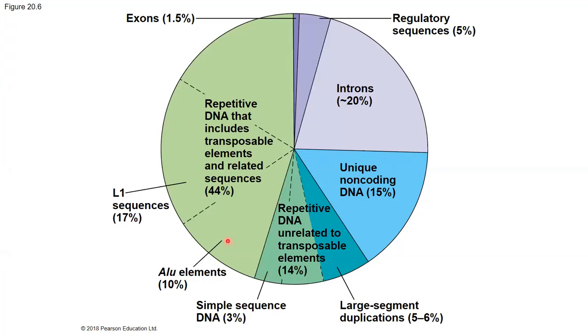We have the repetitive DNA sequences that consist of transposable elements, and the repetitive DNA sequences that are not related to transposable elements. And we discussed transposable elements in the previous lecture.